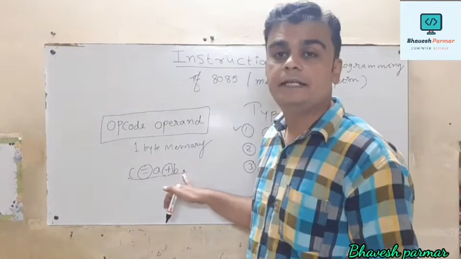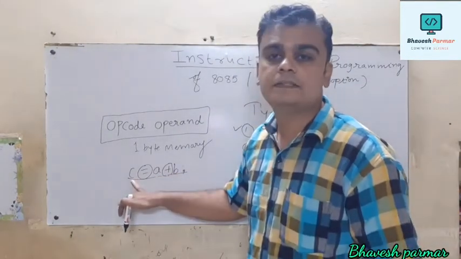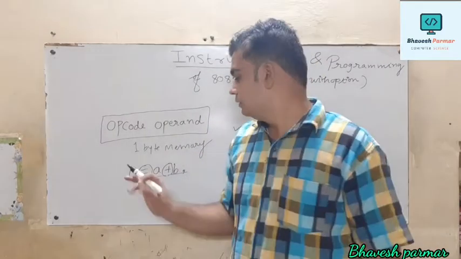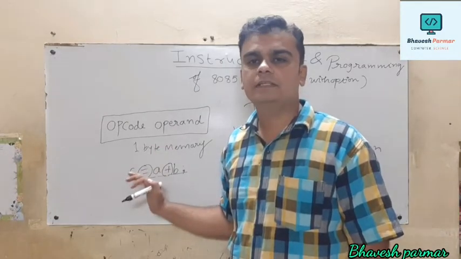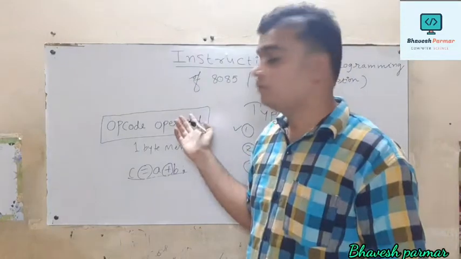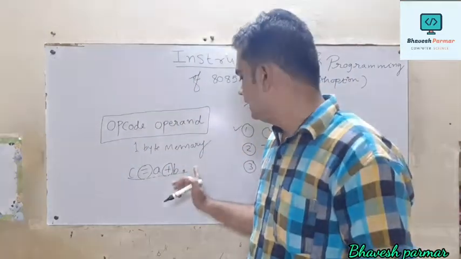On these three variables, A, B and C. These are called operands. Is that clear? This is our normal high level language programming statement. So how can we write it in instruction form, that is, opcode and operand?